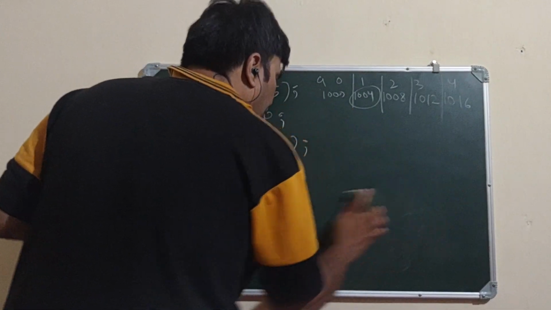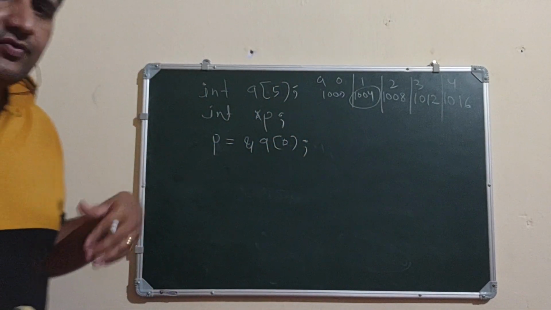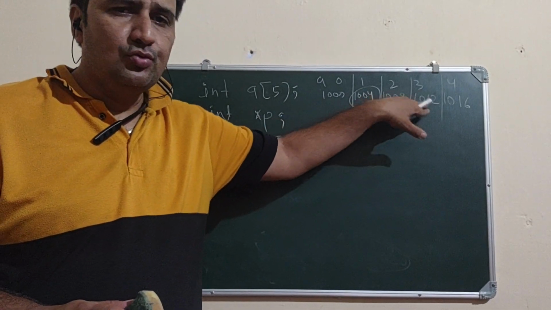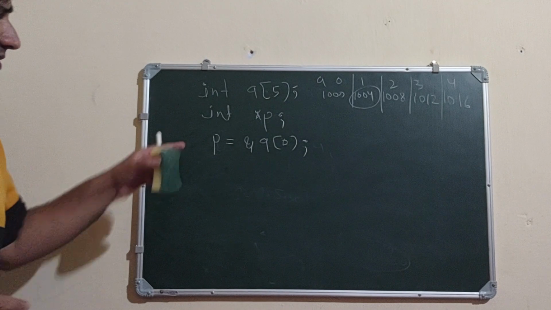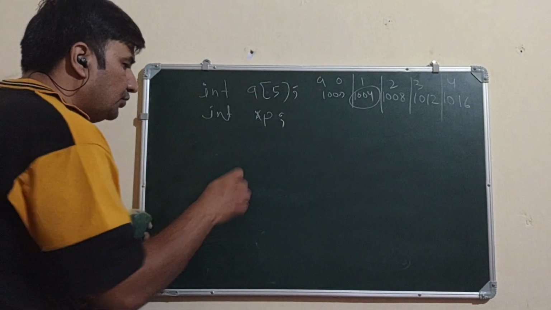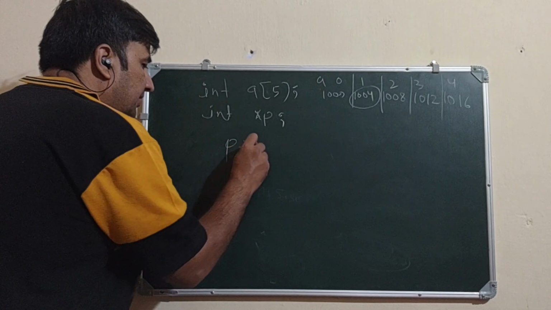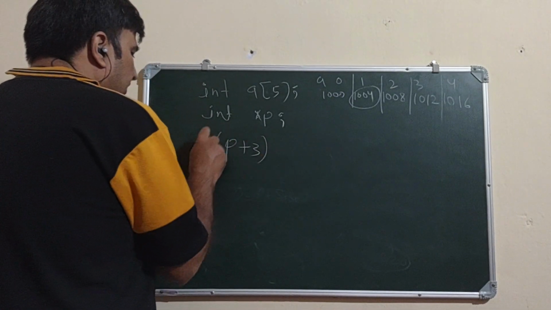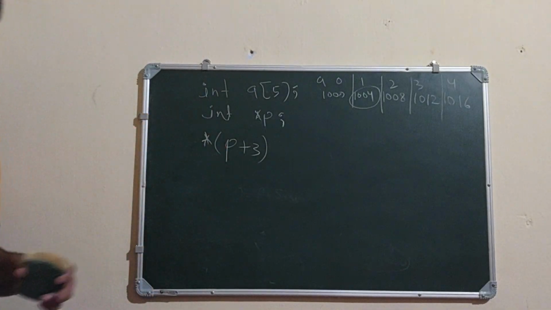Now instead of iterating one by one, can I directly point to the third element using the p? In that case, what I can do, I want to move to the third element, and then I want to print the content of that.